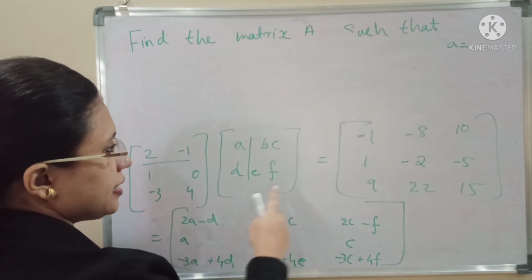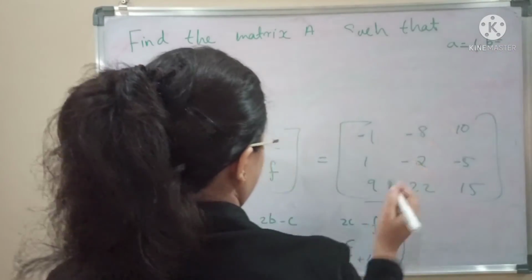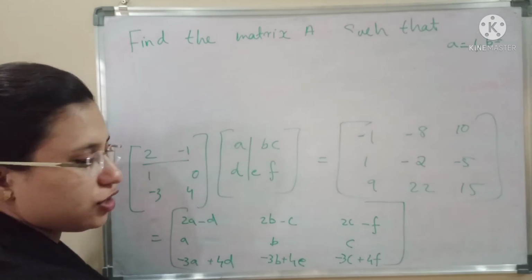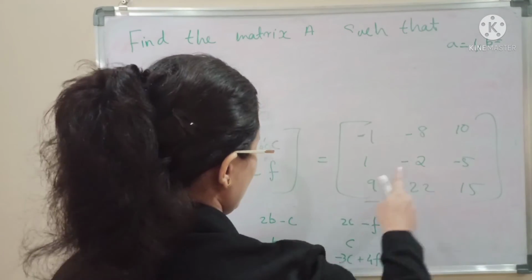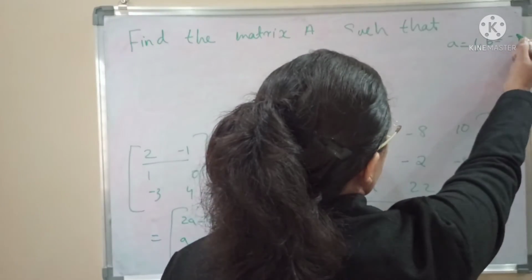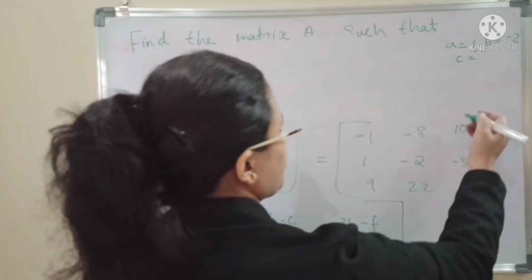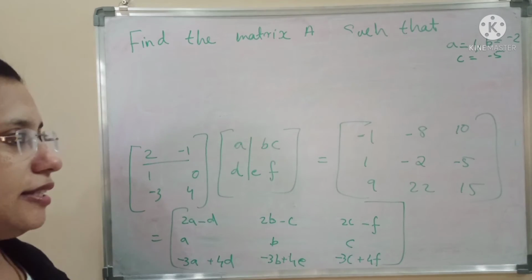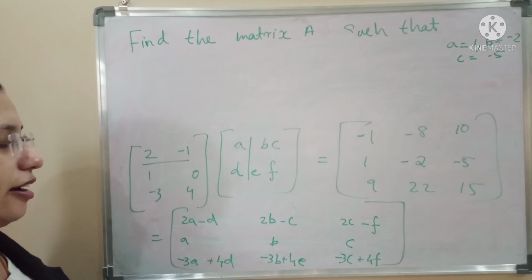A equals 1. What is B? Compare the corresponding element, here it is minus 2. What is C? C is minus 5. So we got A, B, C. Now we need to find D, E, F.